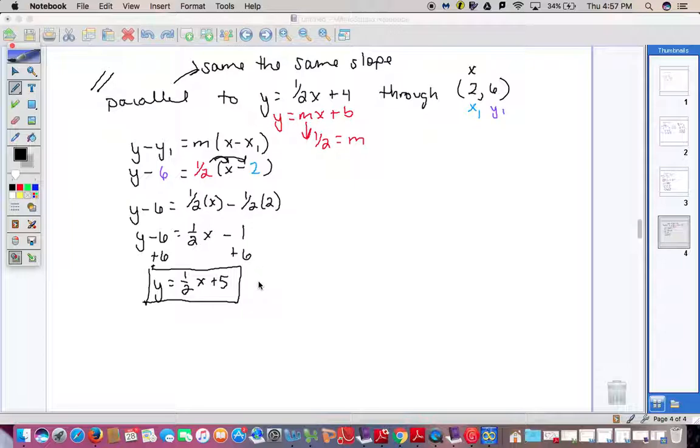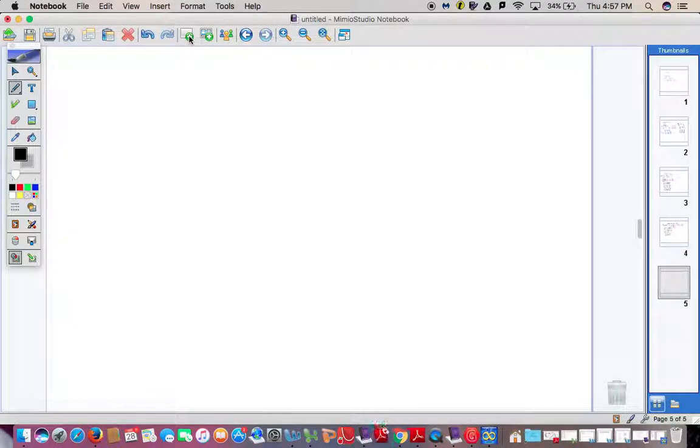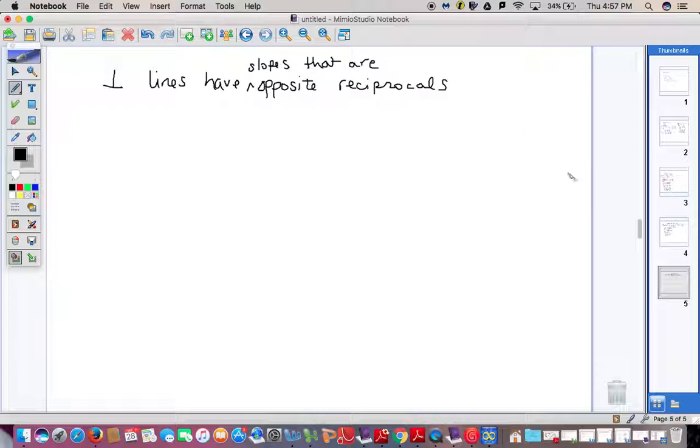Now, what would you do if they were perpendicular? Hopefully, you remember that perpendicular lines have slopes that are opposite reciprocals.